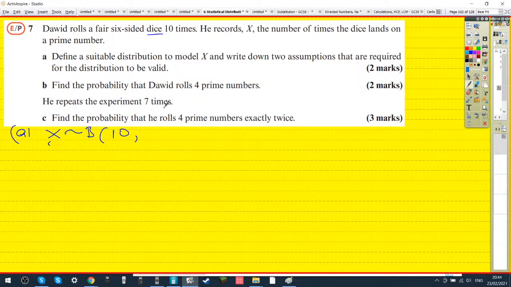So what's the probability you roll a dice that lands on a prime number? A half. So 0.5. Okay. B. Oh yeah, 2 assumptions. We did that last time. Alright, B. Find the probability that David rolls 4 prime numbers.